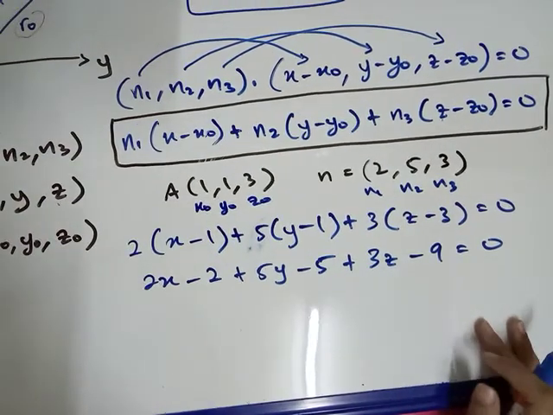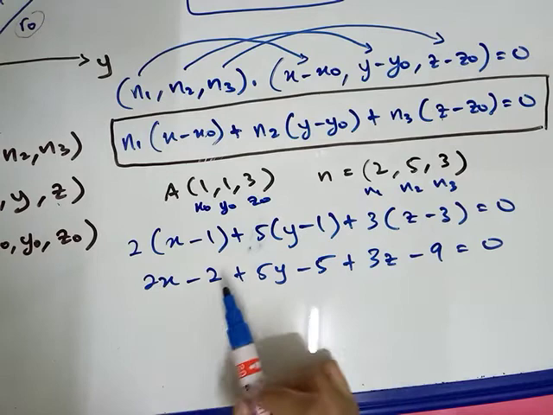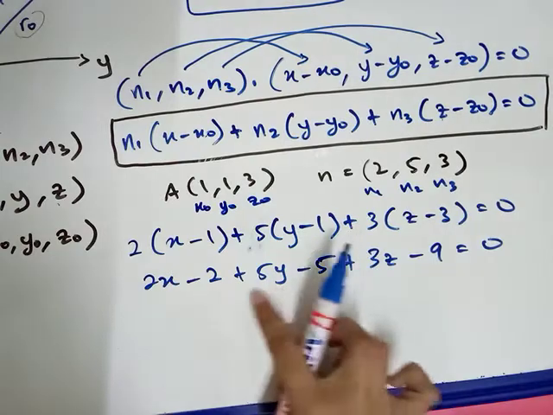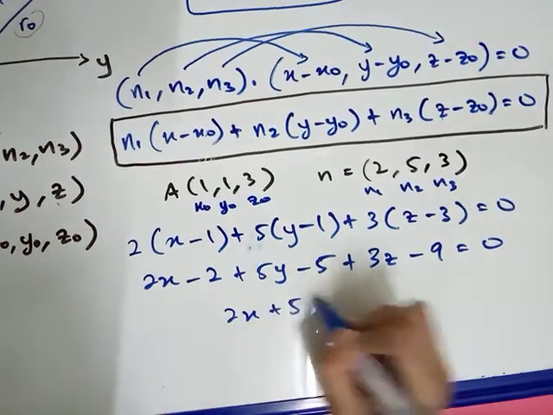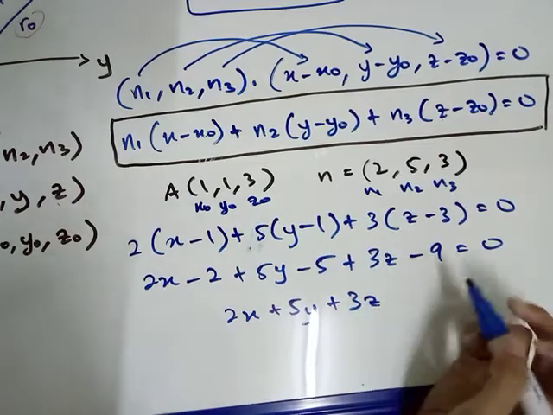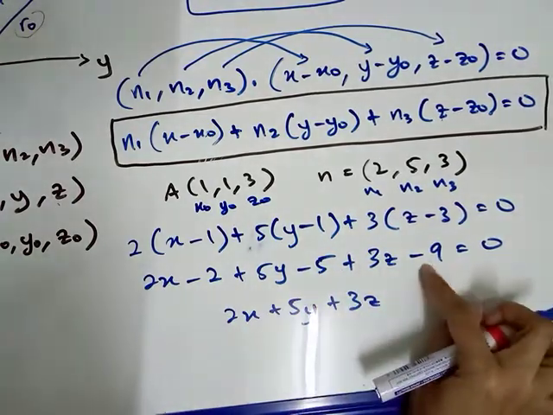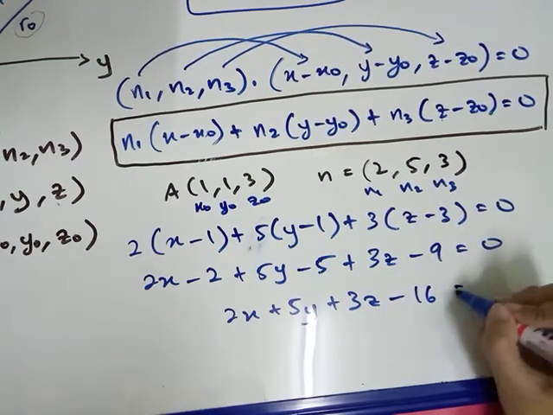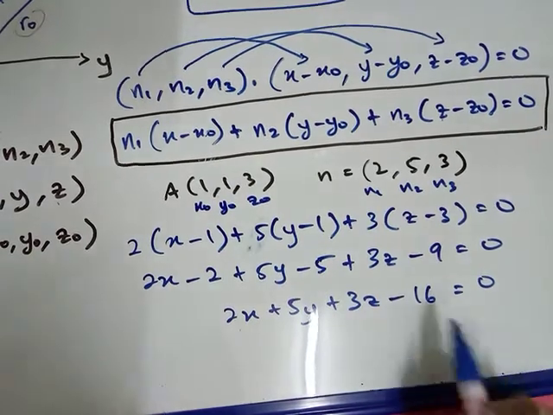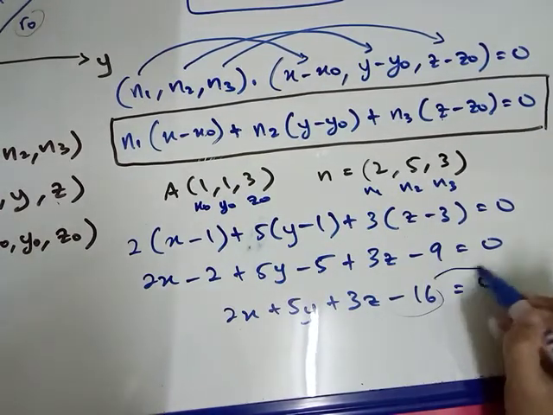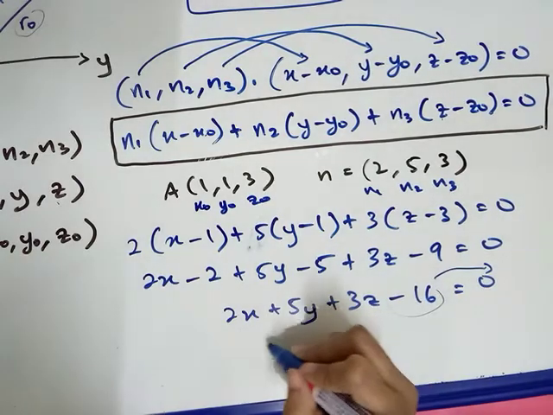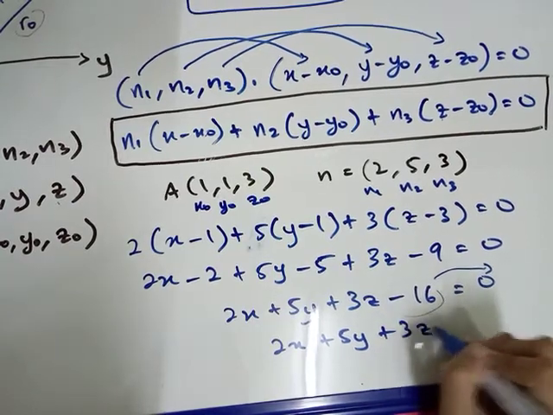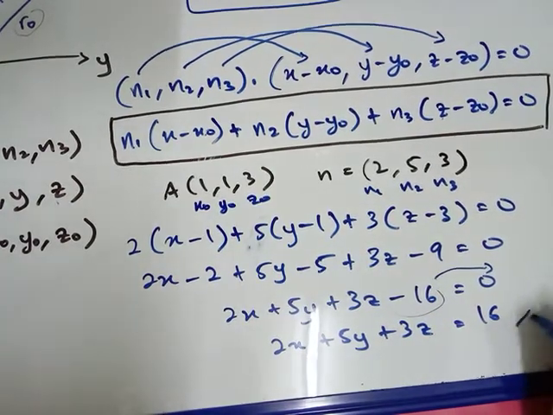Then solve: negative 2 minus 5 minus 9 gives negative 16. Move it to the other side and it becomes positive. So 2x plus 5y plus 3z is equal to 16. This is the answer.